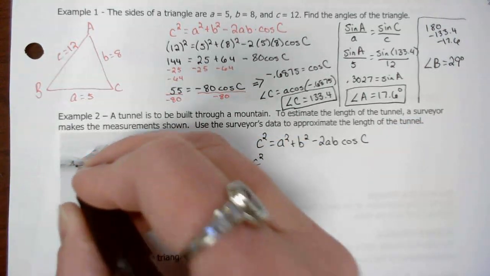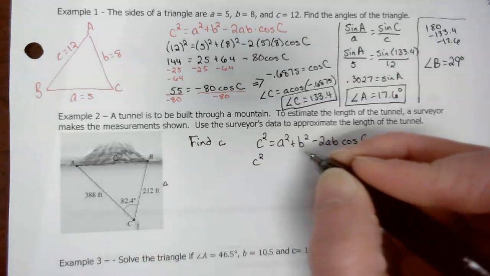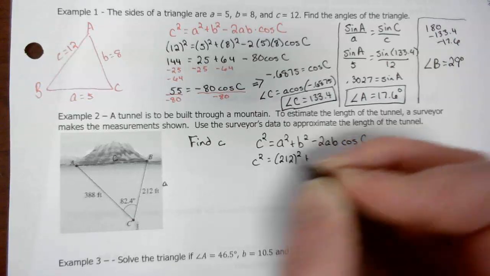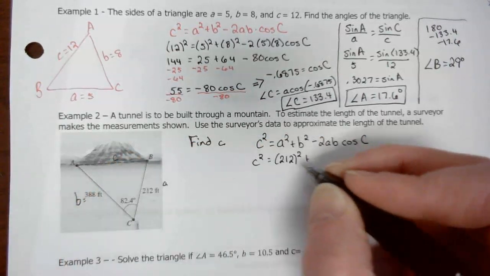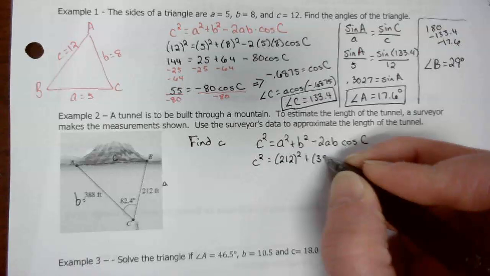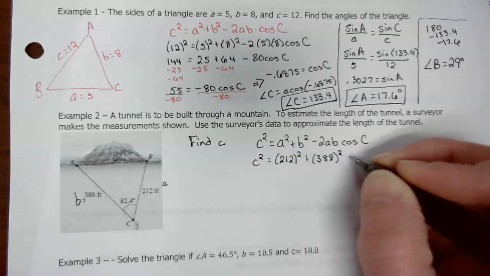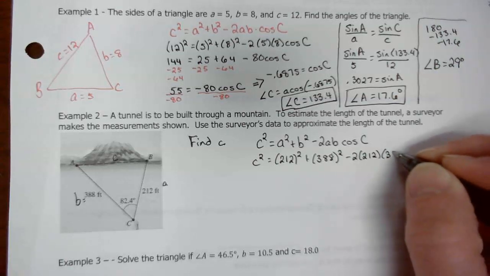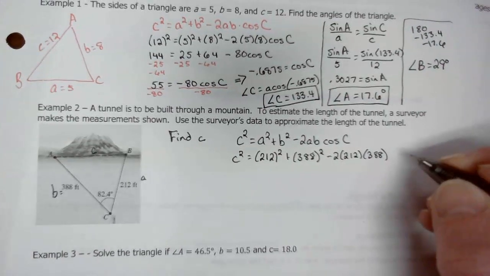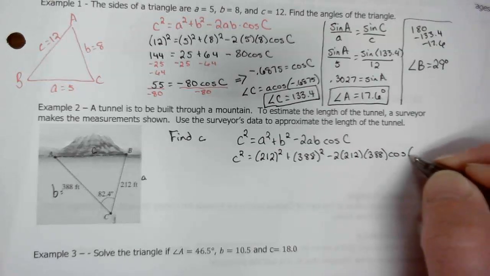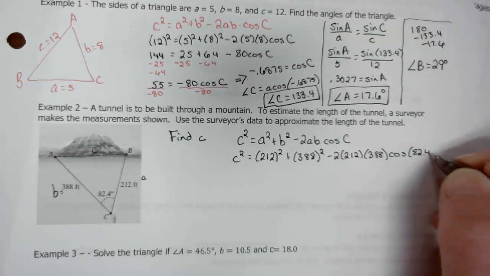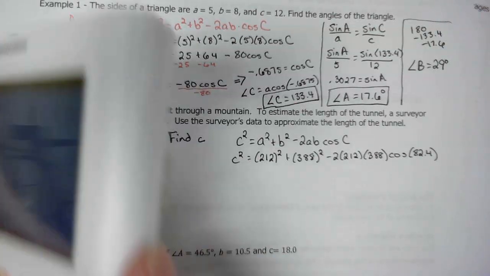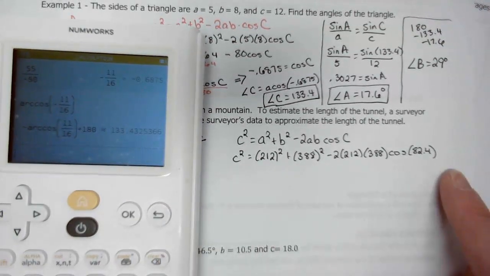So A would be the little side across from big A, so that's 212. And B would be the side across from big B, so 388, minus 2 times A times B times the cosine of C, and we actually know angle C. Well, this is super nice because all I have to do is type in that left side.